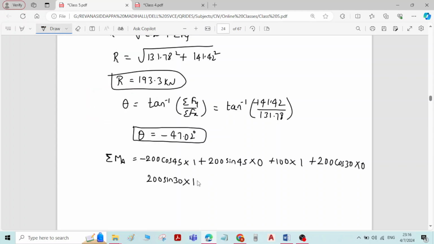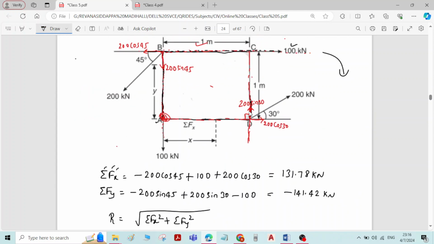If the force is vertical, the distance of point A from the vertical force should be horizontal. If the force is horizontal, the distance will be vertical, and if the point lies in the line of action, the distance will be 0. So the perpendicular distance of point A from the line of action of the 200 sin 30 force is 1 meter. It is given as 1 meter.